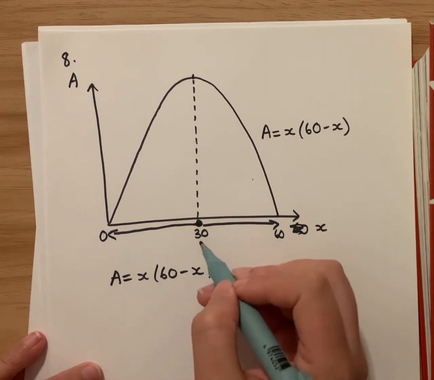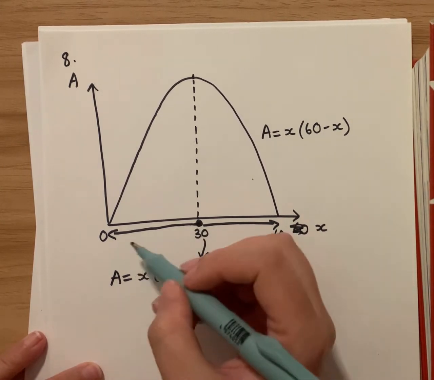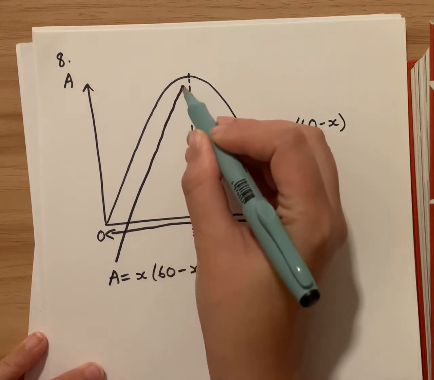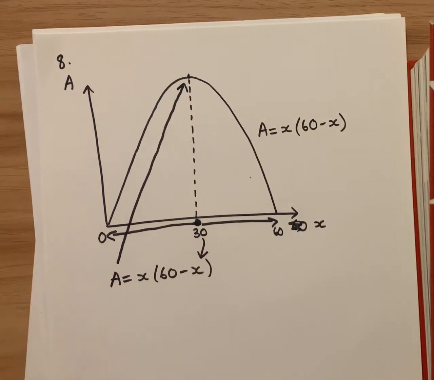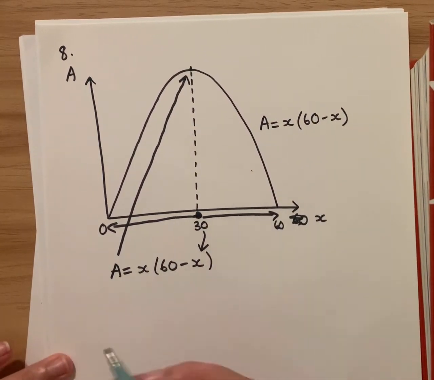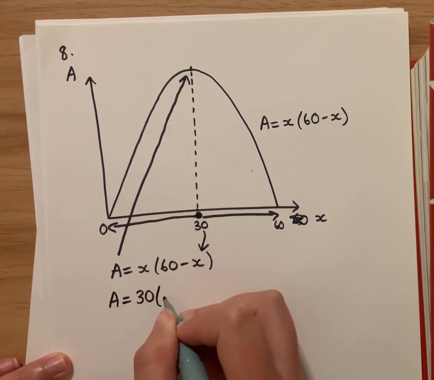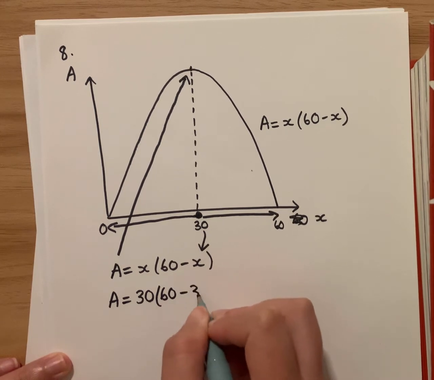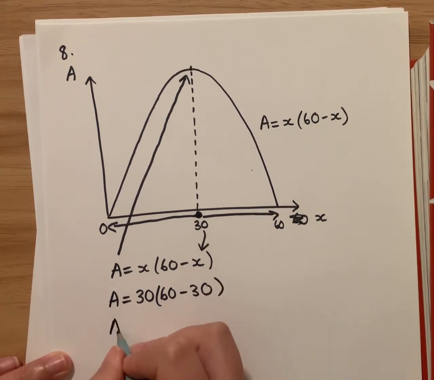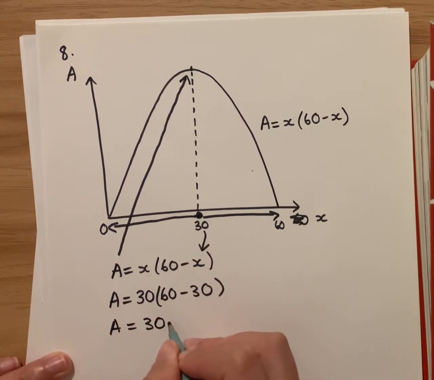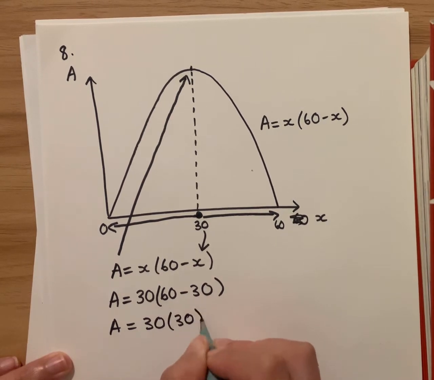Okay, so if we put 30 into our equation, then it's going to give us A. So it's going to tell us what that value of A is up there. So let's put 30 into the equation and see what happens. Everywhere there's an x, we put 30. We're left with A equals 30 times 30.